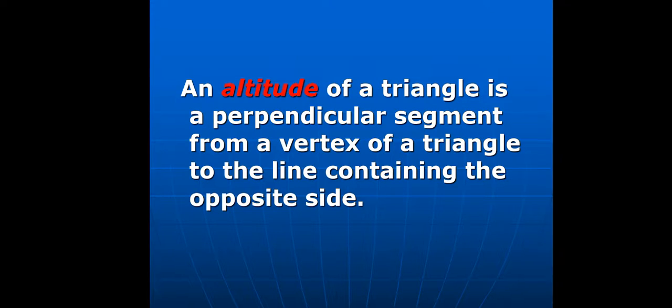An altitude is a perpendicular segment from a vertex of a triangle to the line containing the opposite side. When we say perpendicular, yung segment or line ay meron talagang 90 degrees. Doon mag-start sa vertex, at pag nasa opposite side na siya, dapat meron talagang magagawang 90 degrees.